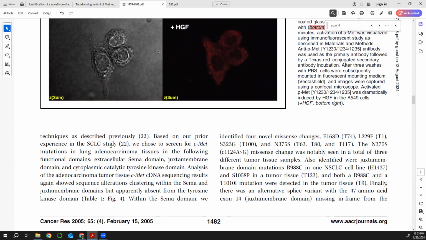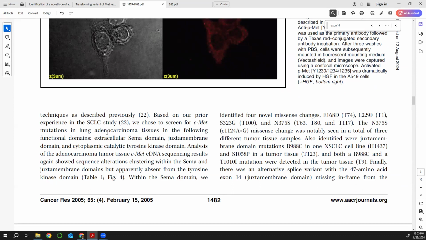Based on our prior experience, the non-small cell lung cancer study was chosen for c-MET mutation in lung adenocarcinoma tissues. Okay. So they analyzed SEMA, juxtamembrane, and the tyrosine kinase domain. So they didn't sequence everything.